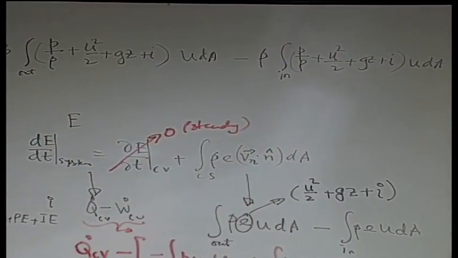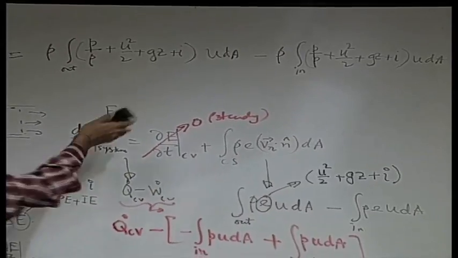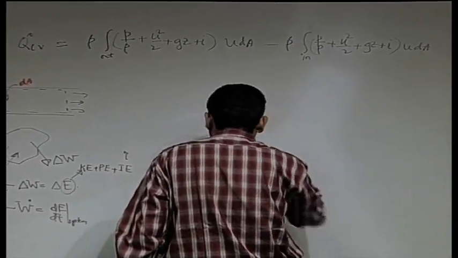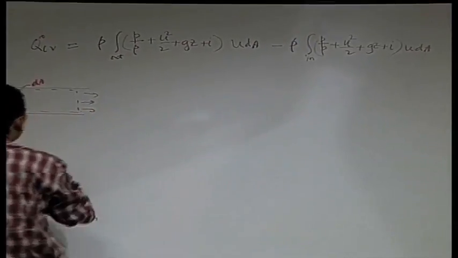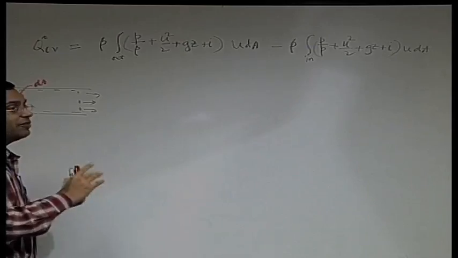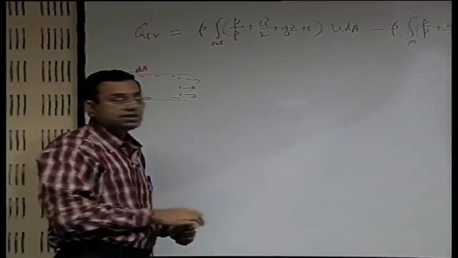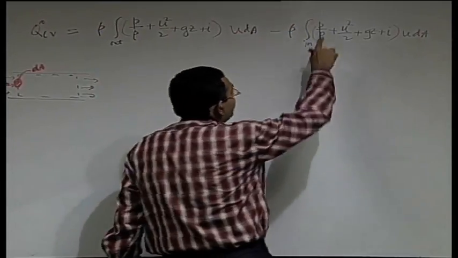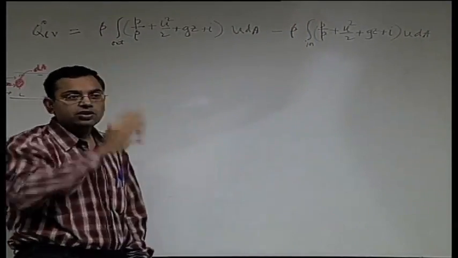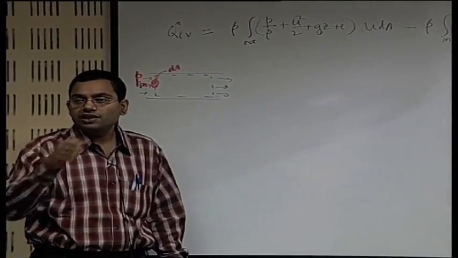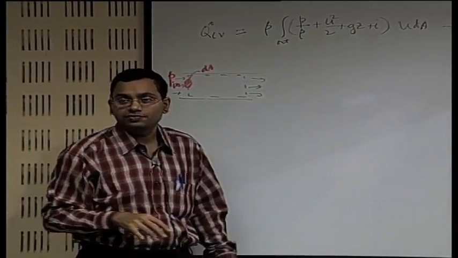Now the next important thing is the integration of whatever integral appears in the inflow and the outflow boundary terms. When you write this integration, you have to be careful whether the properties are varying over the cross section or not, because these are integrals over the cross section. So let us assume that the pressure is not substantially varying over the cross section, and that is in a way true, as we have seen that the major pressure gradient is along the x direction.